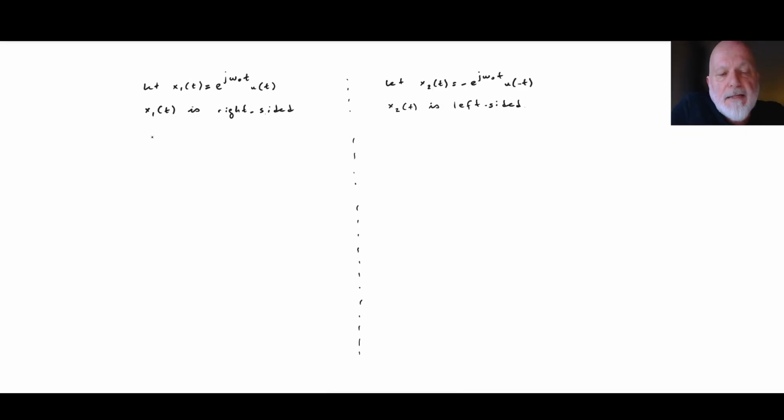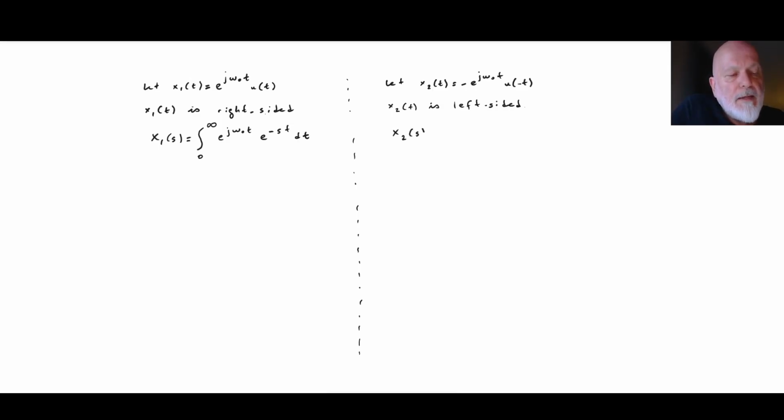Now, what is the Laplace transform of x1 of t? x1 of s is equal to, okay, let us write it directly. It will be the integral from minus infinity to plus infinity, but since we have u of t, the integral will start from 0 and the upper limit will be infinity, of e to j omega 0 t e to minus st integrated with respect to t.